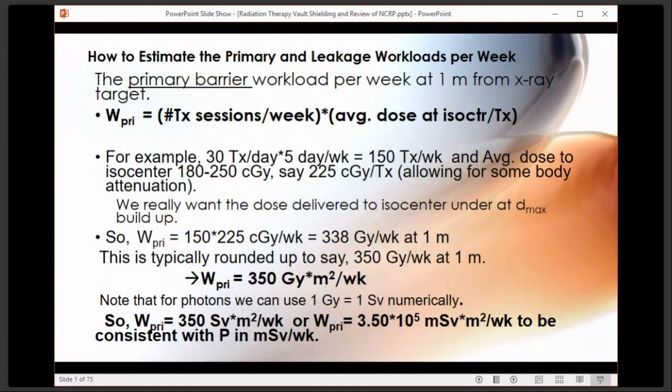And you typically would round that up a little to, say, 350 gray meter squared per week. For photons, since a gray and a sievert are numerically equivalent, you could also express this as the same value in sieverts or millisieverts.